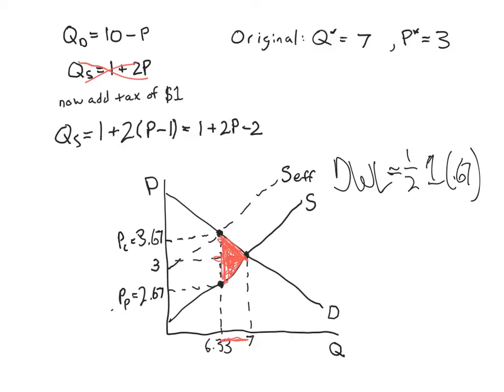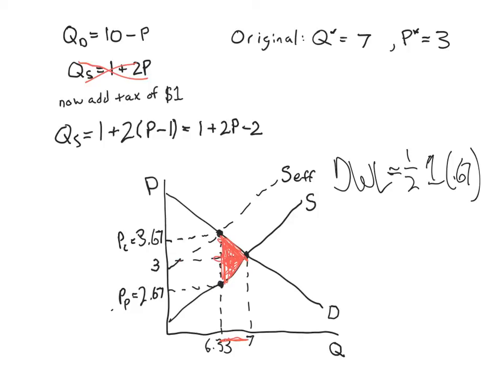So that's how I recommend doing all of these tax problems. To get the deadweight loss, your 3 key points are going to be the original equilibrium, that's the market equilibrium, then your new intersection where you shifted supply, and then directly below that on the original supply you get your third point. Then your deadweight loss is the shaded area between all those guys.